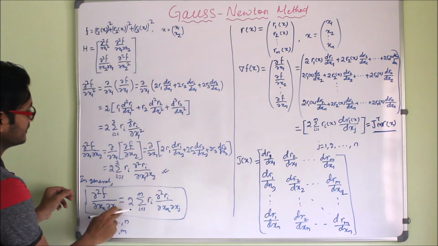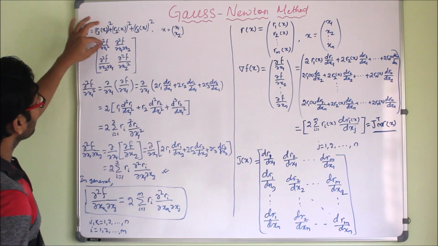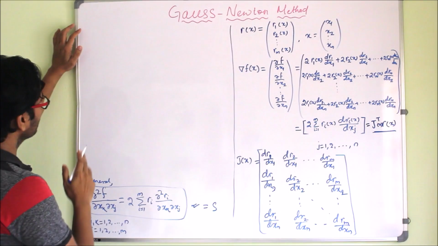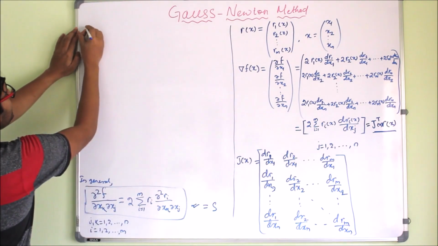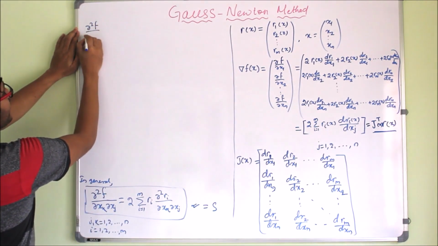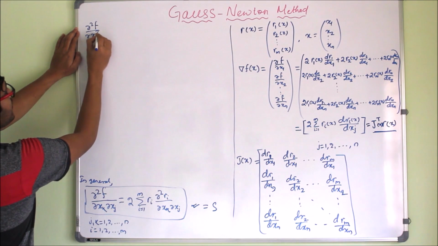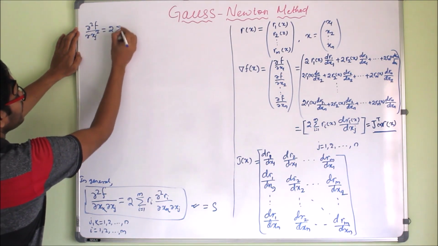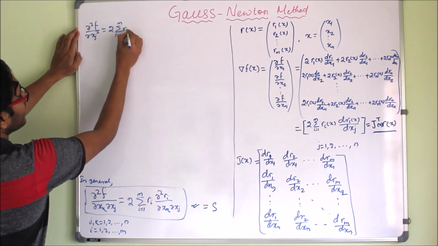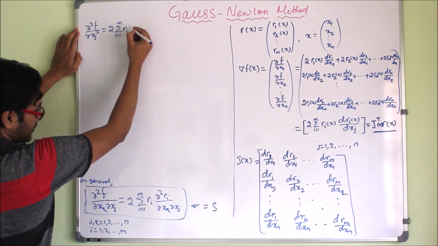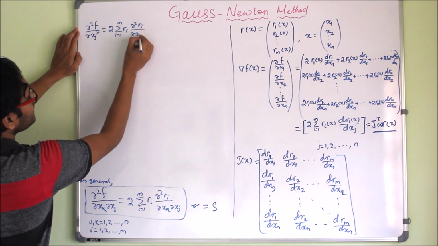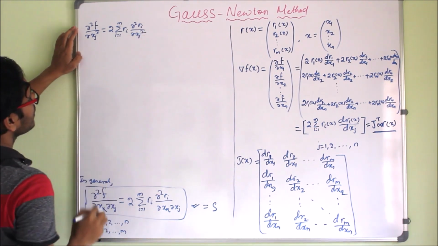If we replace all the entries here, then you will get the H value. So we can write ∂²f/∂xj² as 2 into summation of i from 1 to m, Ri, ∂²Ri/∂xj².